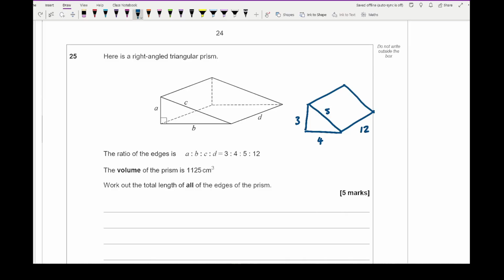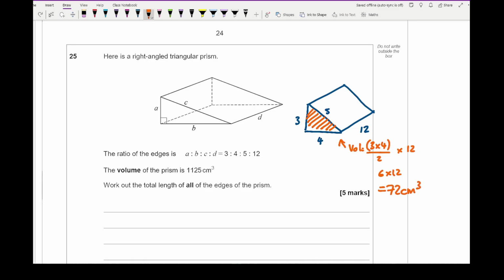Now if I work out the volume of this shape, it's the cross-sectional area, which is 3 times 4, and as it's a triangle we divide that by 2, and we multiply that by the length. So 3 times 4 is 12, divided by 2 is 6. 6 times 12 gives me an answer of 72 cubic centimeters.